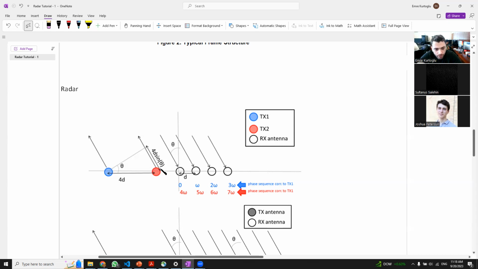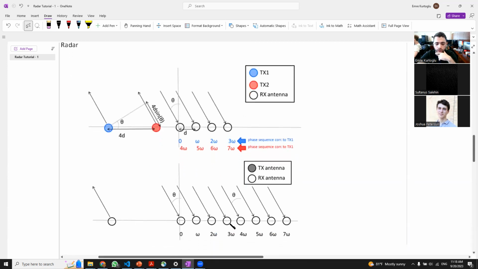In the next pulse, we can transmit with this antenna, and the waves reflected from the target are again received by these four receiving antennas, but since there's 4D distance, it will act like these four receivers are located to the right side of the first four receiving antennas, and it will look like this.